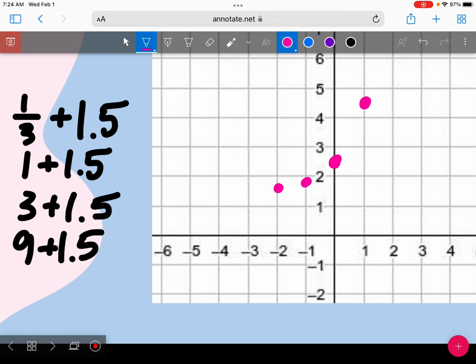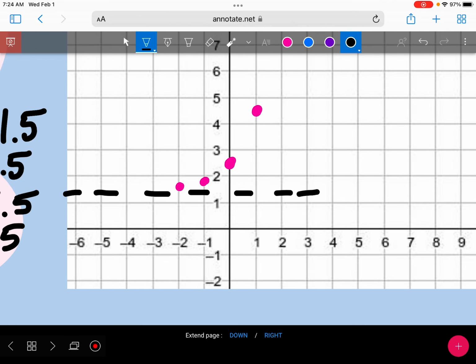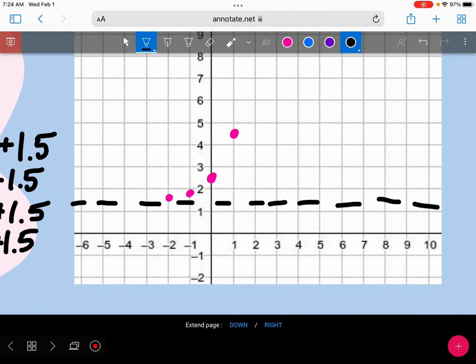Where is our asymptote at? Anyone have a guess? We also might not have touched that in this class. That's my fault. Our asymptote is 1.5, okay? So our asymptote is going to be like right here. So we cannot touch or go past this wall, right?